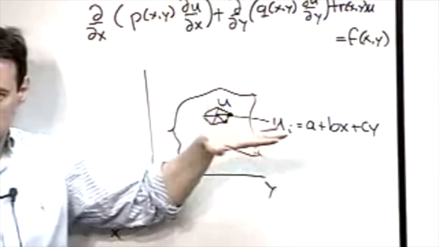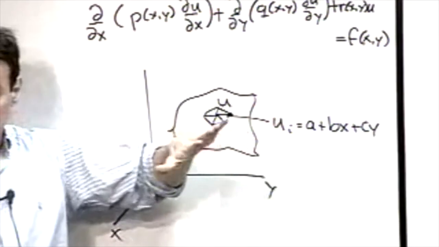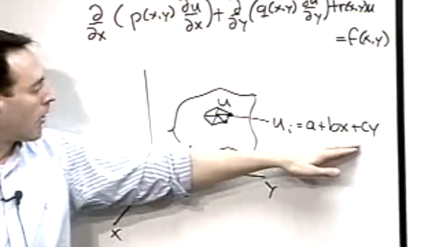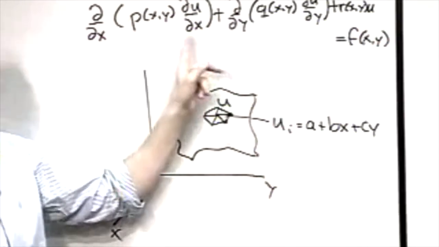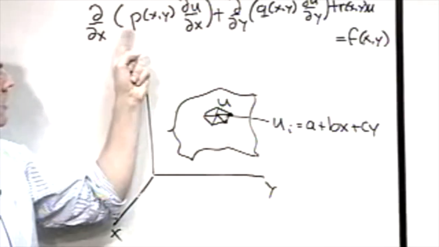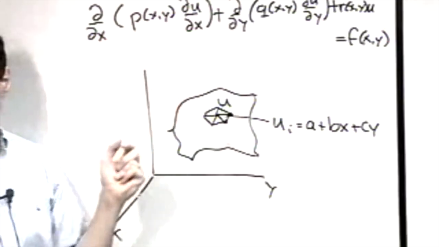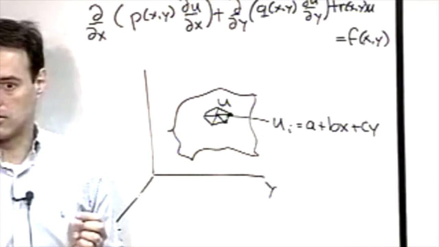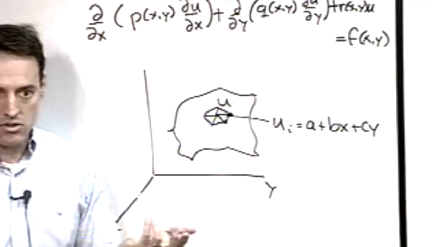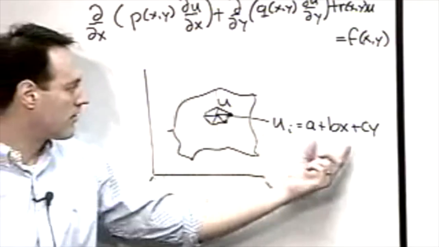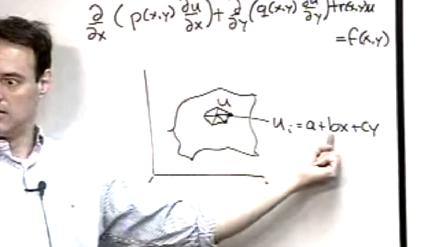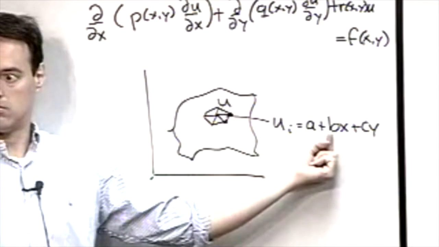It's a patching of the solution. It's just a plane. It's very simple. But the problem is when I try to patch a plane to this problem, look what happens. I have 2 derivatives in x. What happens if I take 2 derivatives in x in this thing? It's just 0, right? The first derivative in x gives you just b. The second derivative in x gives you 0.